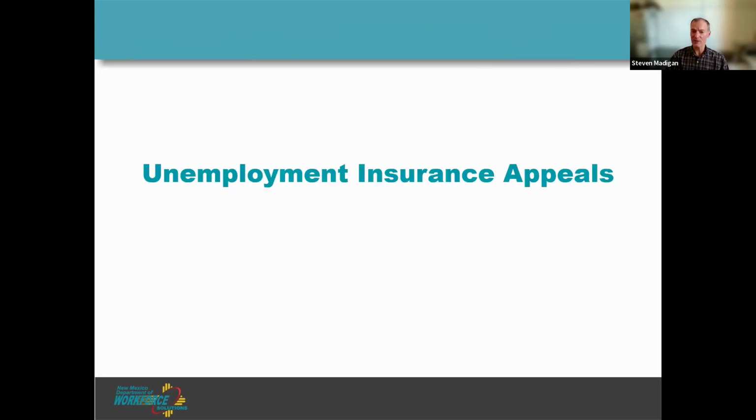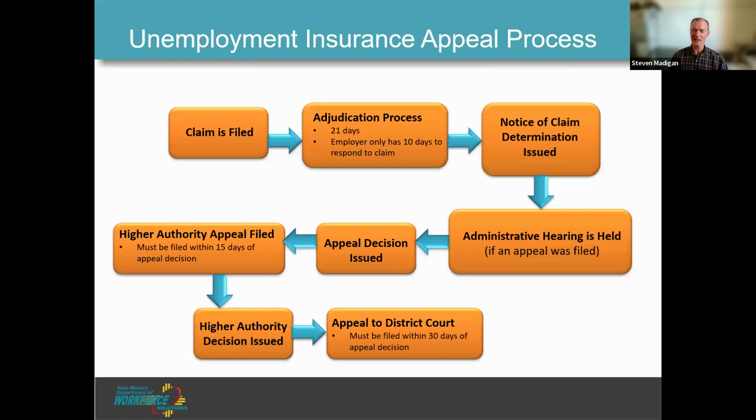Now, as far as the appeals, if there is a decision in which you are adversely affected, so on a separation, if we allow benefits, then you, the employer, are considered the aggrieved party, so to speak, and you do have the right to file an appeal.